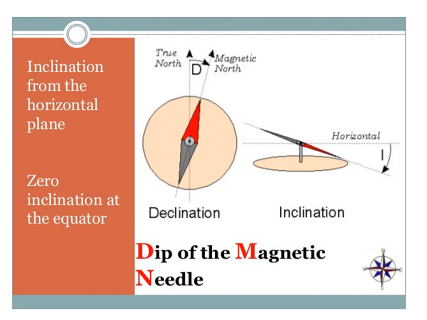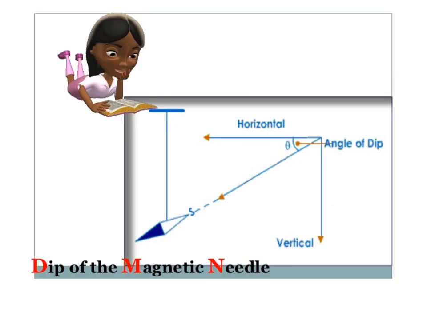The vertical angle between the horizontal position of the needle and the inclined position of the needle is called magnetic dip. Here you see one horizontal line and another inclined line, which indicates the position of the magnetic needle, and the vertical angle between the horizontal position of the needle and the inclined position of the needle is called the angle of dip.